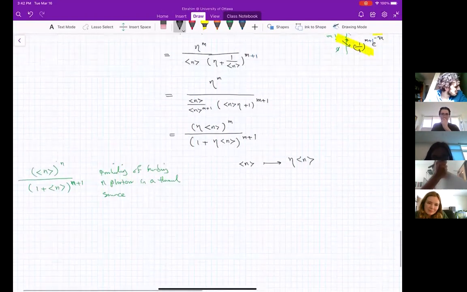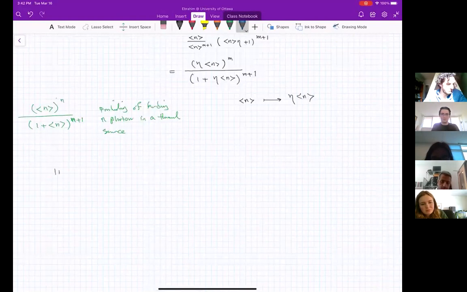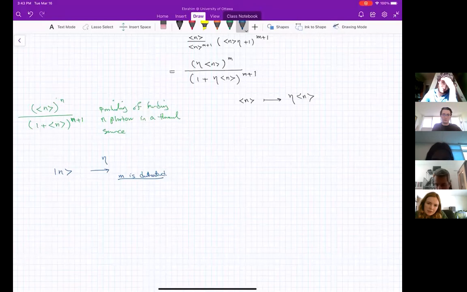Let me give you the question. I have n photons. I'm sending them to an inefficient detector with efficiency of eta. I want to find out how many photons, m, are detected. What is the probability of detecting m photons? It'll be like binary, no? Like 0 or 1. Can you tell me more? You can look at your notes if you have taken.